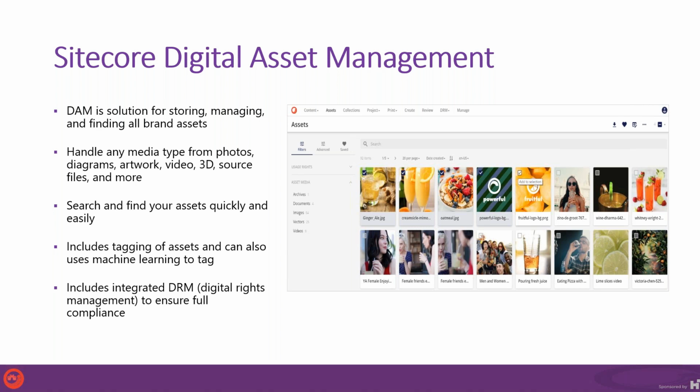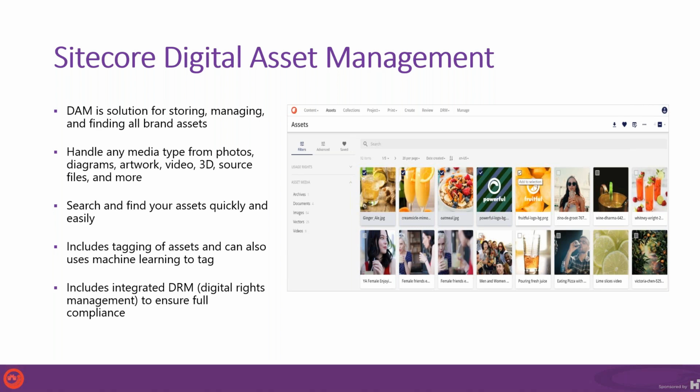And it also has another wonderful feature, DRM, digital rights management. So if you have Mahendra Singh Dhoni or David Beckham, who is campaigning for a product in a different country, like if they are campaigning for the US for the month of October 1st to 31st, and if any other content author tries to use that asset for a different geo like India or Dubai for a different month, then it will not allow it.